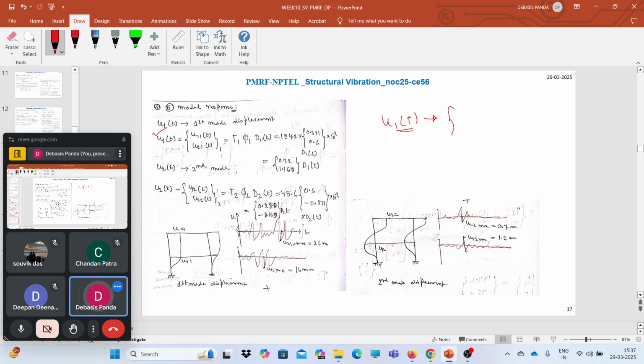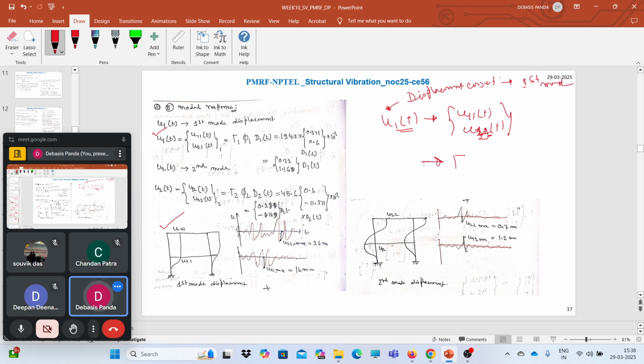So what will be the equation? u1 of t will contain two pieces of information. One will be u11 of t, corresponding to the first degree of freedom, that means displacement corresponding to the first mode, right? So that was the first mode. The other is u21 of t. So we need to calculate it for two values.